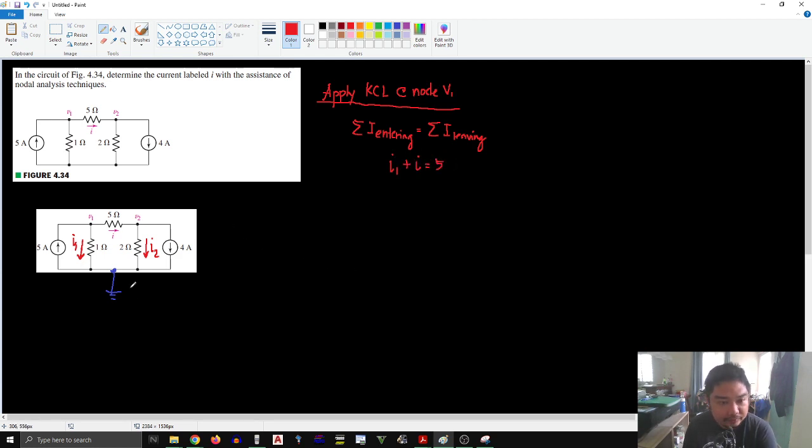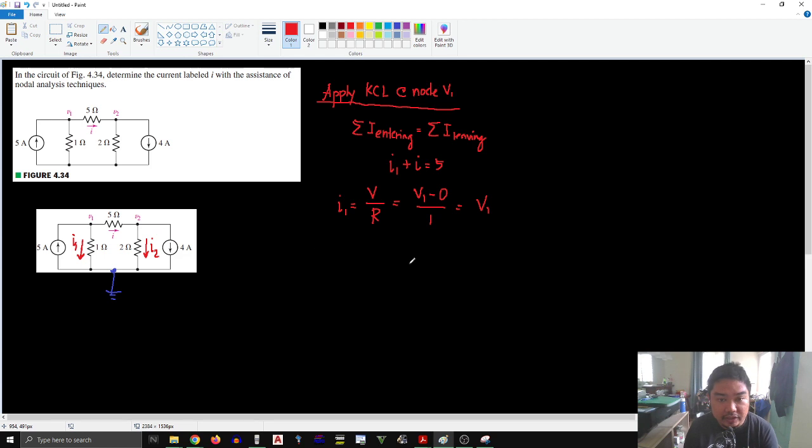But we can say that I1 is just the potential difference across the element over the resistance. So the potential difference is V1 minus 0 all over the resistance of 1 ohm, or we can simply say that I1 is equal to V1. That is one.